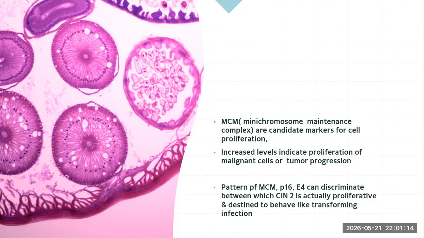I have already told you that a lot of biomarkers are being produced and tested. One of them, again in research, is MCM, which is the mini chromosome maintenance complex, and on the basis of MCM, P16, E4, the histopathologist or cytopathologist can discriminate between CIN2 which can actually be of the proliferative type, or which can really transform to CIN3.